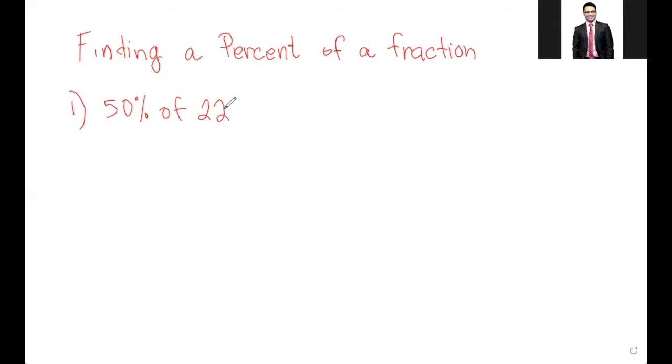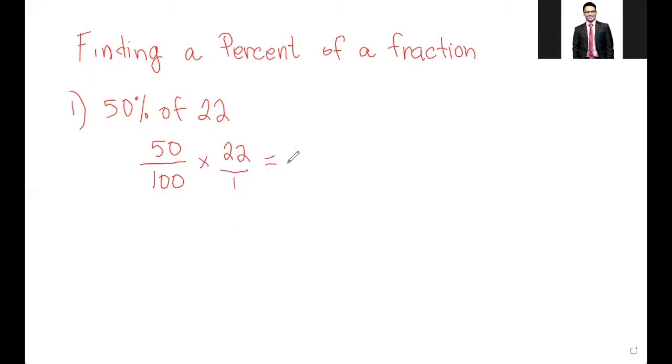The first one is we change 50% into its fraction form. So 50% is 50 over 100. And we multiply it to 22, and 22 can be written as 22 over 1.